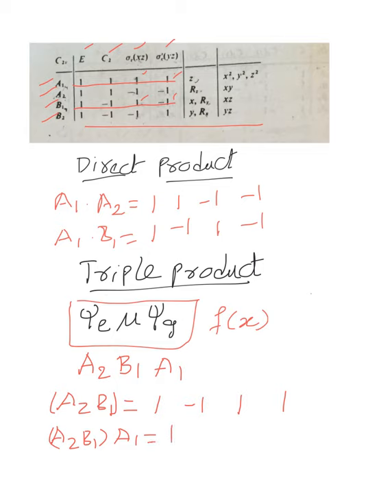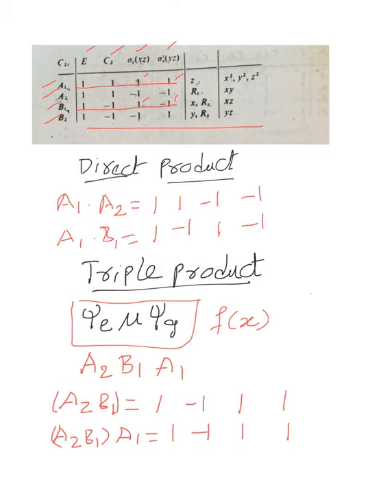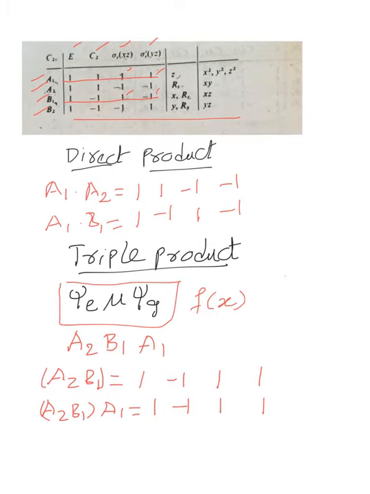Finally, we got 1, minus 1, minus 1, 1. So this is not equal to A1. The direct product A2 B1 A1 is not equal to A1.